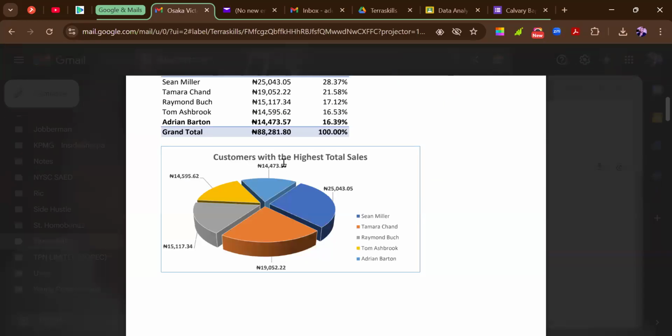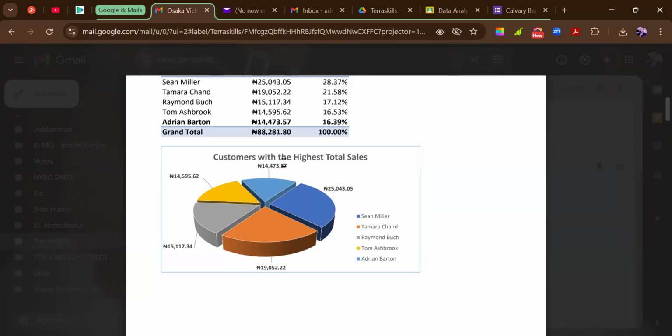This is what I am talking about right here. Very good. But sometimes in this kind of scenario, if you remember what I said very well, I said if you are working with data or information that is just around, let's say, 3 or 4, then you can use your pie chart.